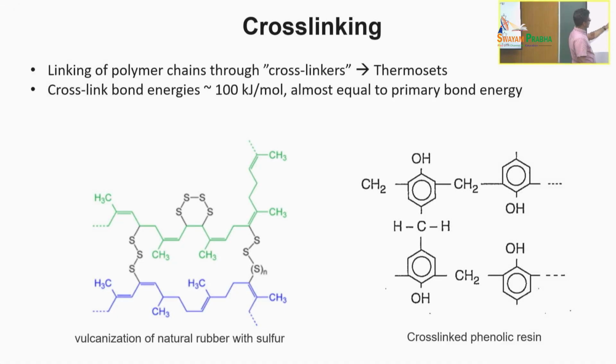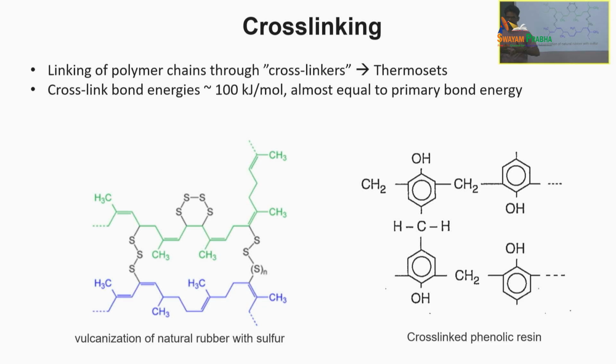Here the green chain and the blue chain are natural rubber, which is a polymer, and we add something called sulfur. Sulfur is a cross-linking agent. You can see this sulfur bonds between these chains, and this ring can open and link to another chain.